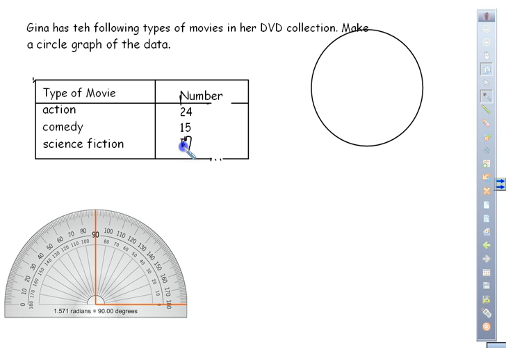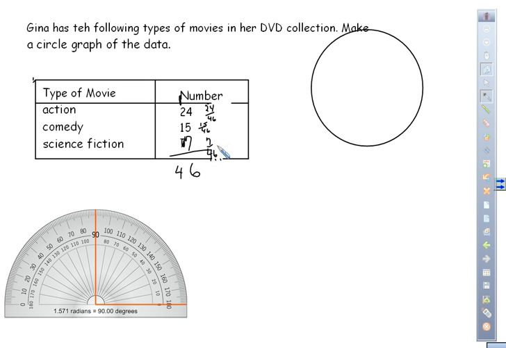So get my 7 over here, add this up, and we end up getting 12 plus 4 more is 16. And carry the 1, and we get 46. That makes a lot more sense. So 24 over 46, 15 over 46, and 7 over 46.